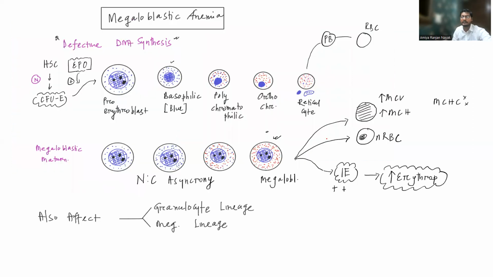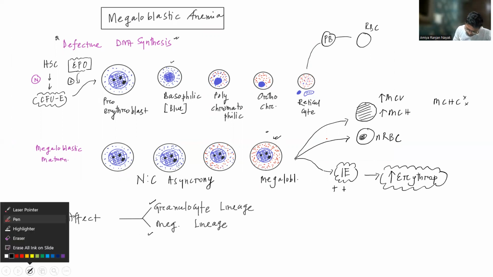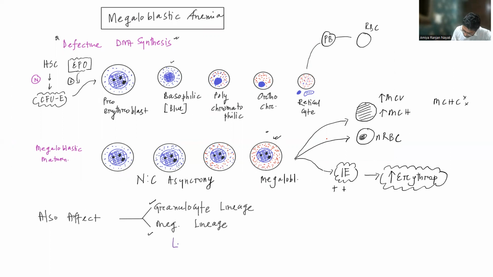Now, this defective DNA synthesis will not only affect the process of erythropoiesis, it will also affect other lineage cells. So it is also going to affect the granulocyte lineage and also the megakaryocytic lineage. Because of involvement of the megakaryocytic lineage, you will find giant bizarre shaped megakaryocytes.